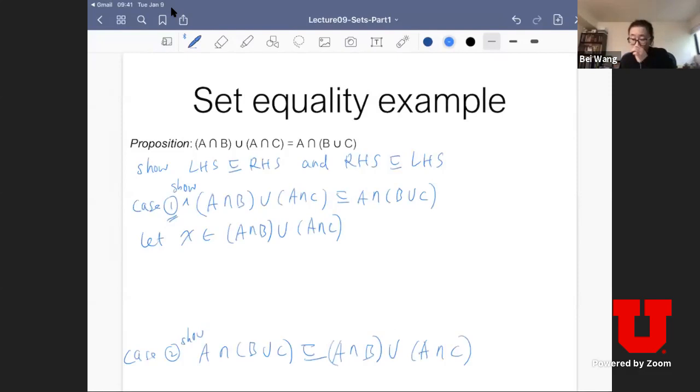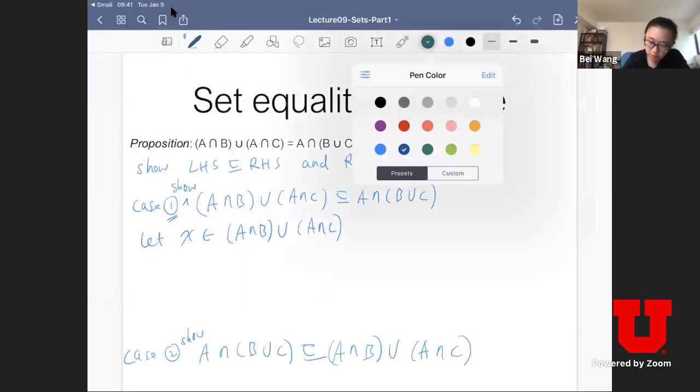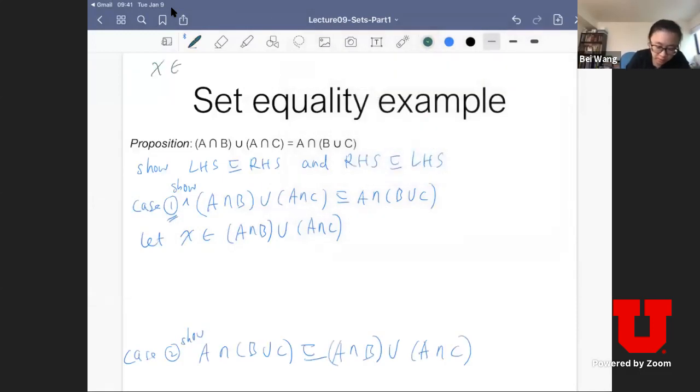Okay. All we need to do is to use a bunch of properties involving set union and set intersection. For example, what are some of those properties? If x belongs to A intersect B, what does that mean?